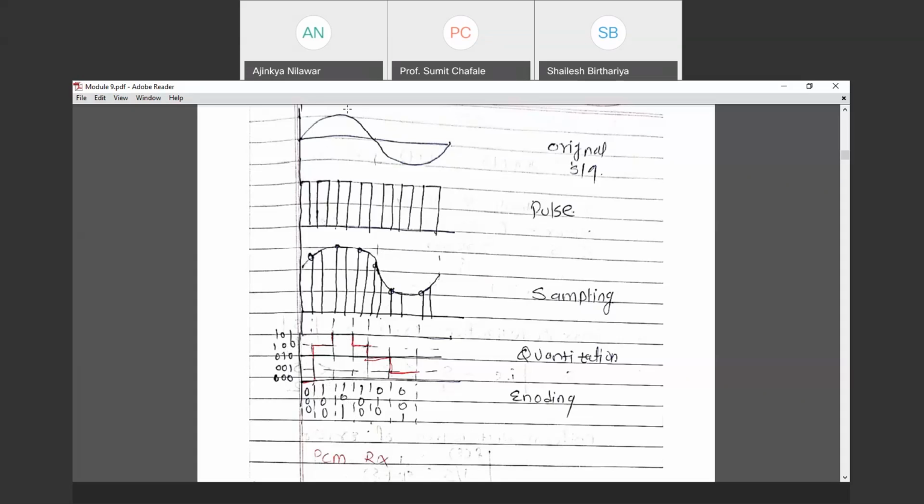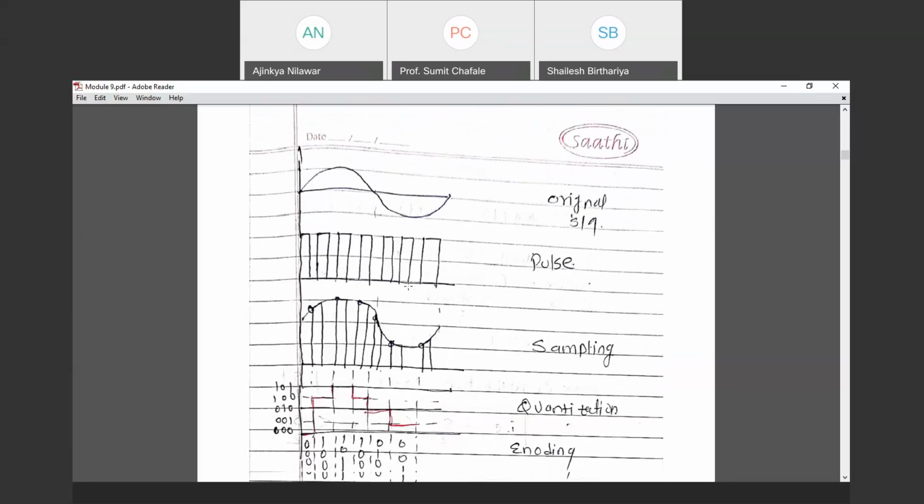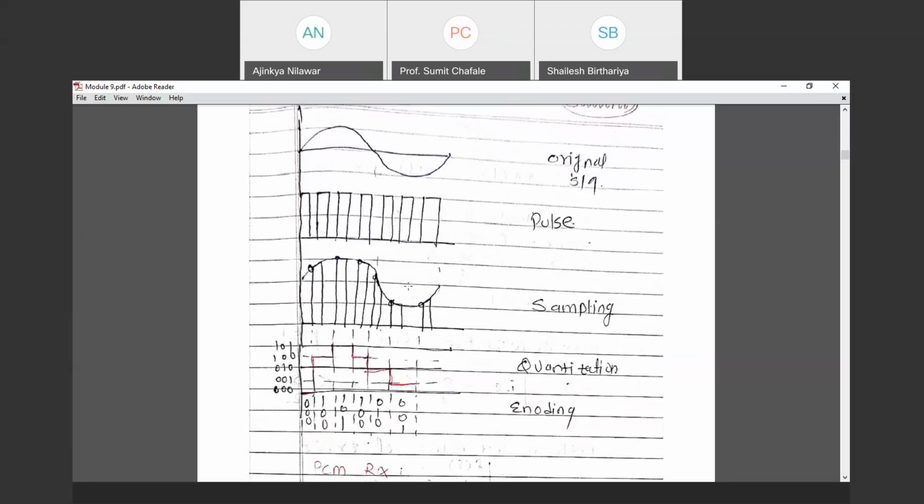This is how the entire signal is represented in digital form with the help of the sampling, quantization, and encoding process. So these are the 3 basic steps we deal with in PCM.